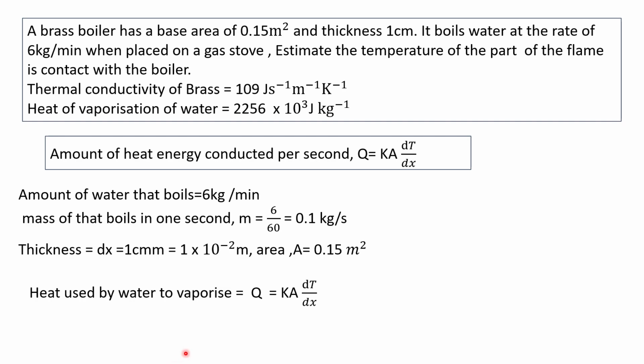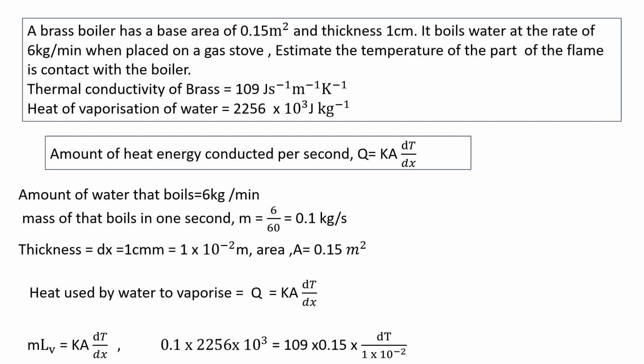Heat used to vaporize, that is the heat transmitted through the solid, is equal to KA dT by dx. This heat is used to vaporize the water. The amount of water that vaporizes is taken as m.